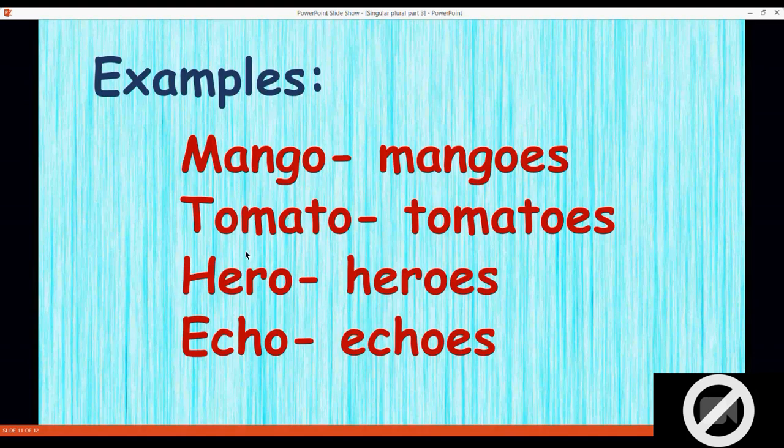Tomato. That's already read. The next word. Hero. H-E-R-O. Hero. We have to add E-S. Very good. To make the word hero into a plural, we add es. Superb. Thank you, Sai Mokshit.